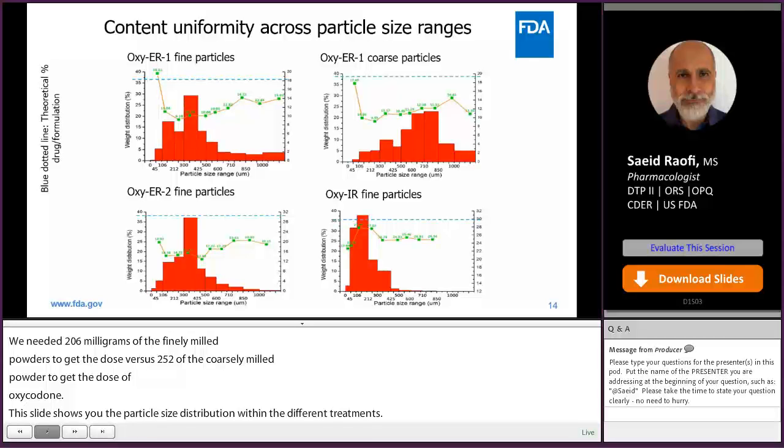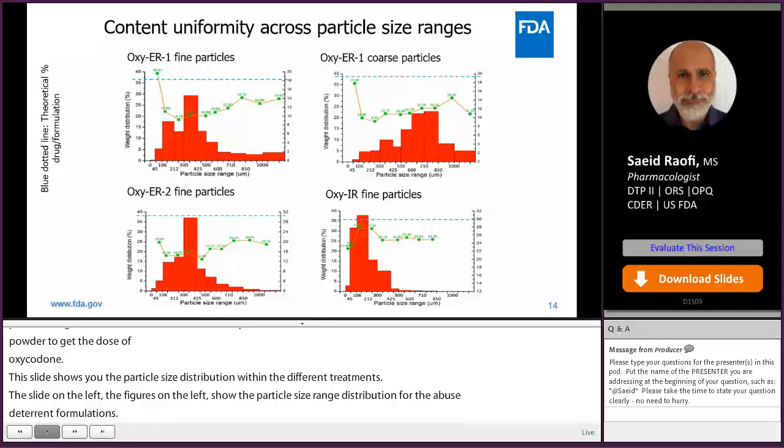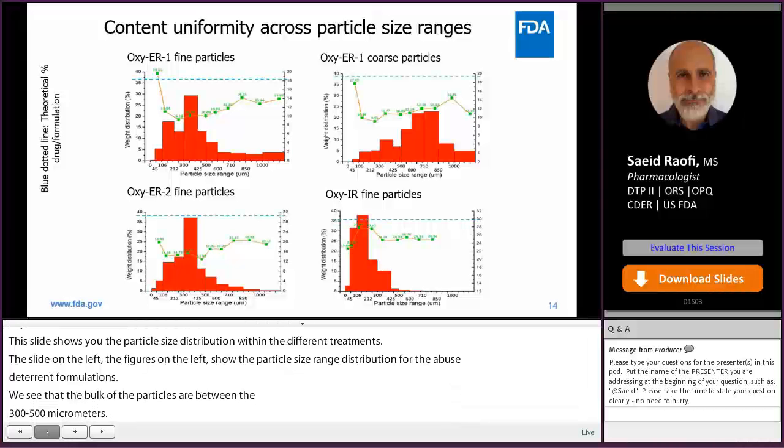We will see there that the bulk of the particles are in the range of 300 to 500 micrometers for both Oxy ER1 and Oxy ER2 tablets, whereas the bottom right, the particle size range is within 100 to 300 micrometers for the immediate release formulation.